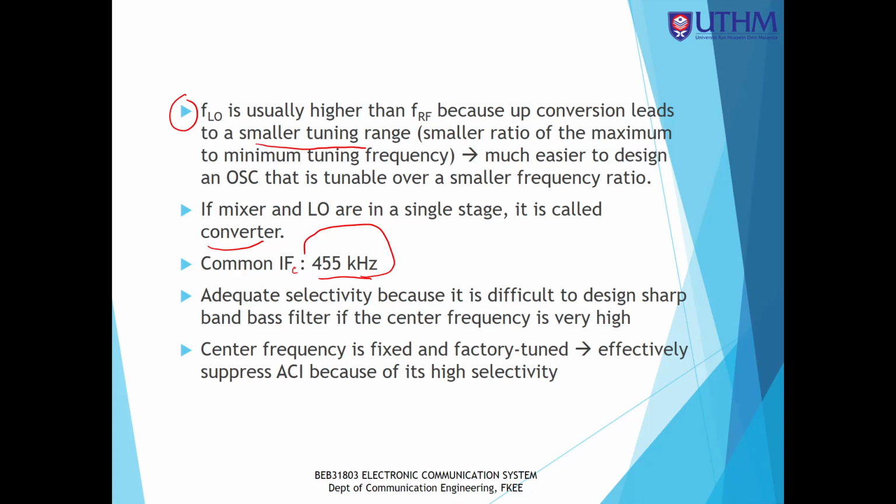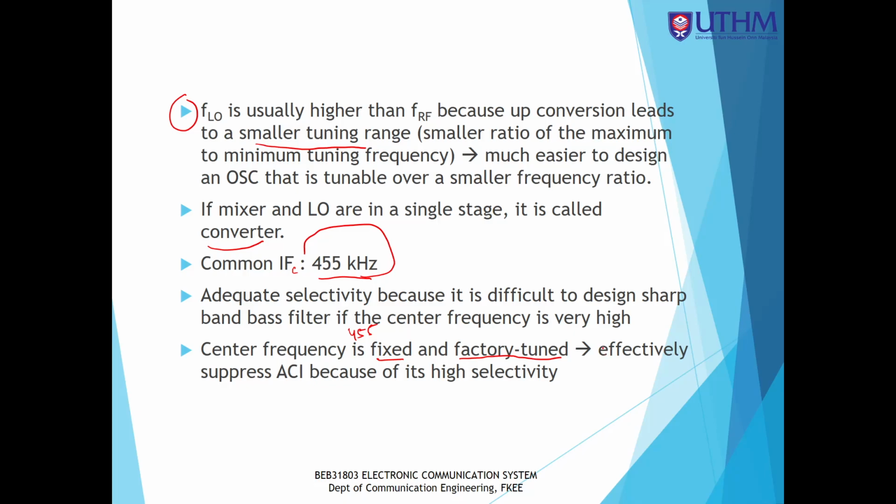The center frequency is fixed. That means 455 kilohertz is fixed and factory tuned. Factory tuned means that when we buy the electronic component, it is already set from the factory so that the center of IF is 455 kilohertz, according to the AM standard.